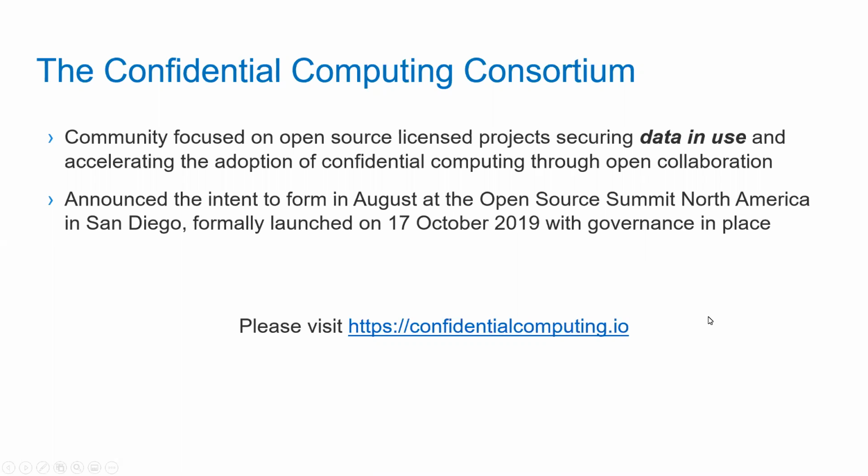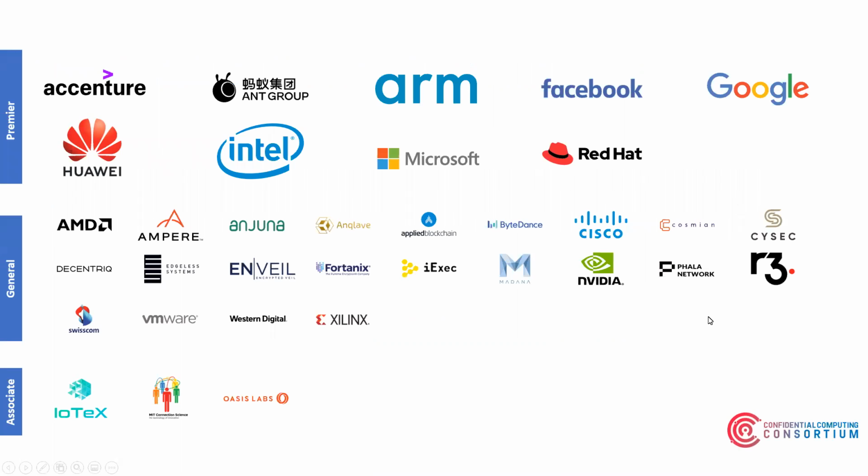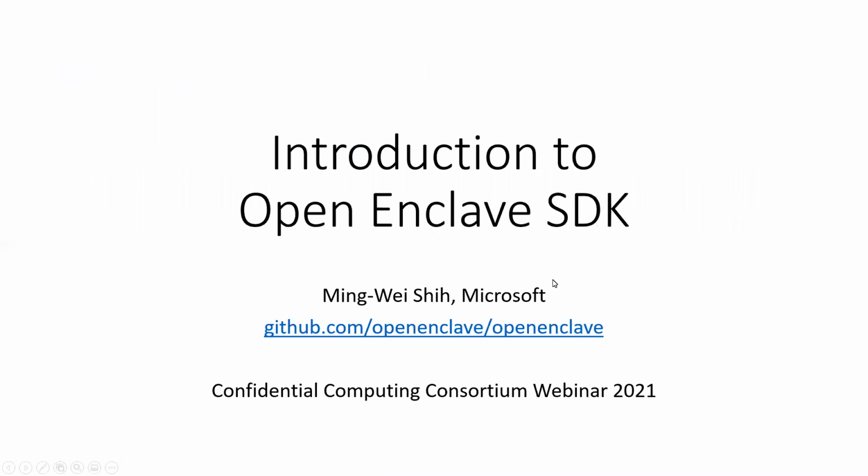Our members are a broad collection of cloud service providers, chip manufacturers, and independent software companies, many of which have built open source projects in this space. The Open Enclave SDK is one such project. With all that introduction out of the way, I'd like to introduce you to Ming Wei, one of our lead developers, who will tell you more about the OE SDK.